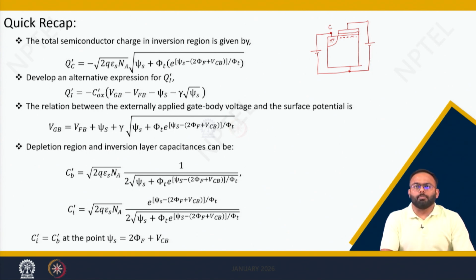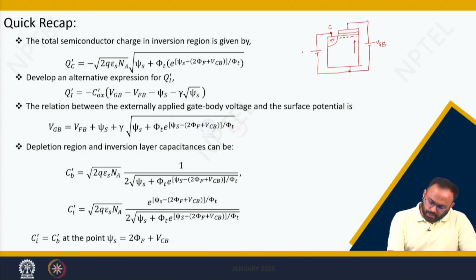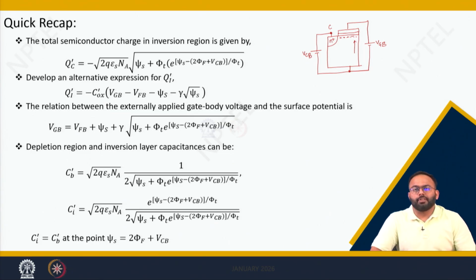However, in the 2-terminal MOS structure, VGB was the sole contributor to this inversion charge, and the inversion charge was only coming from the deep body.